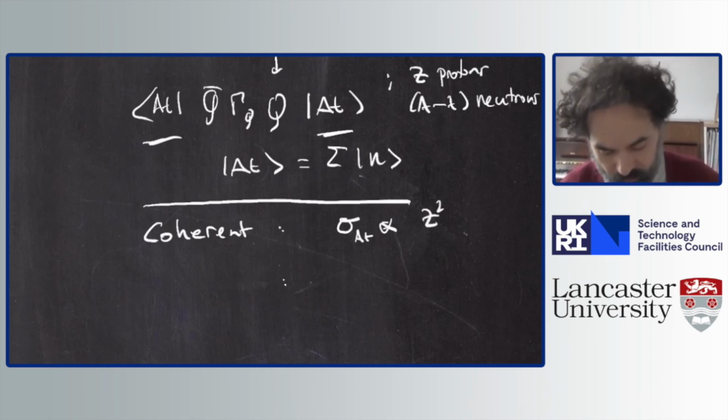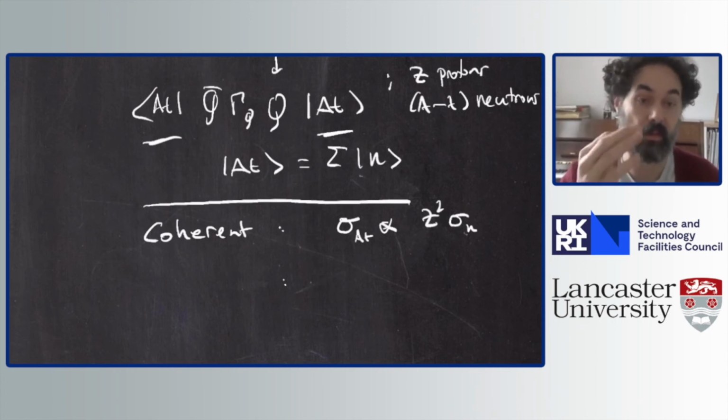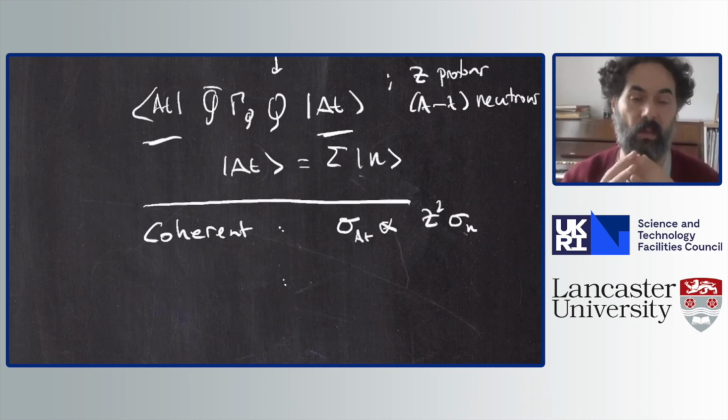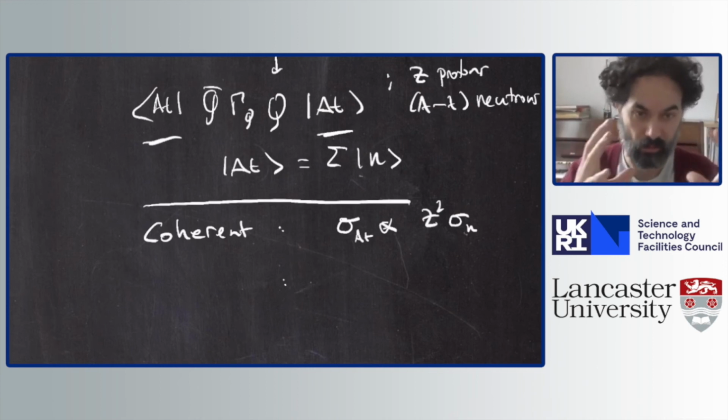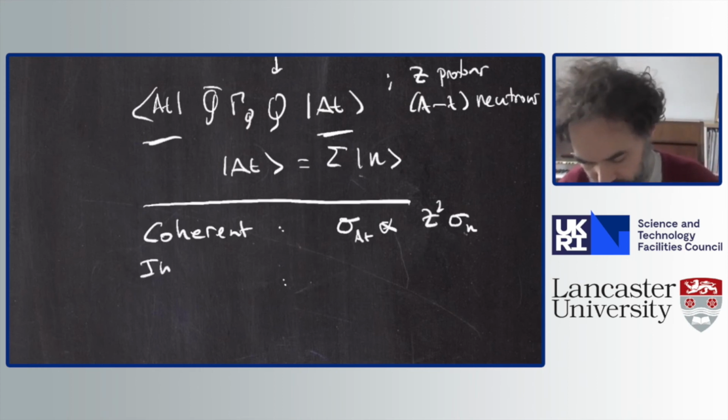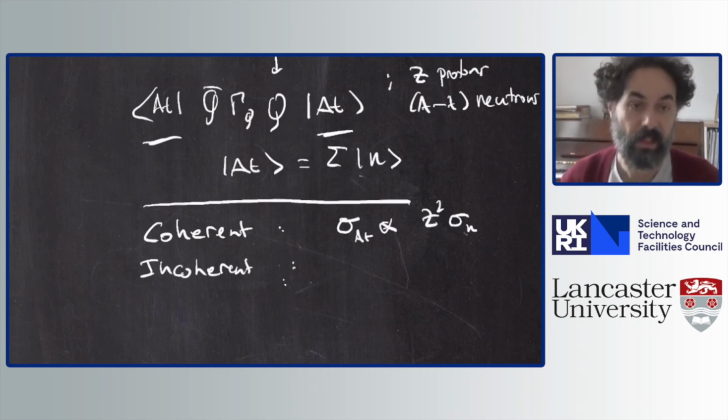Since it is a cross section, this is a square, and this may happen if you, for instance, couple to the mass or to some quantity which is basically adding up in the whole nucleus. And incoherent: in this case, each of the nucleons may contribute with a value which doesn't add up, like for instance with the spin.